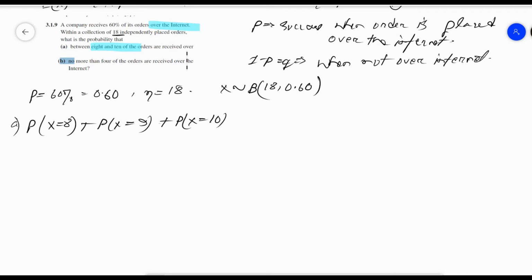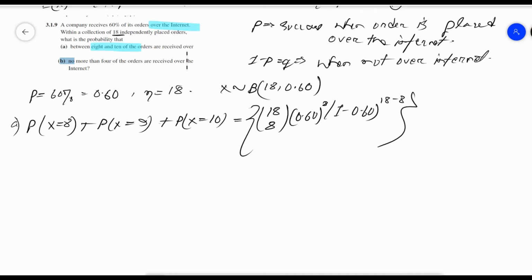Now for 8 to 10 orders, what we'll have to do is, for 8, 18C8, 0.60 to the power 8 into 1 minus 0.60 to the power 18 minus 8.